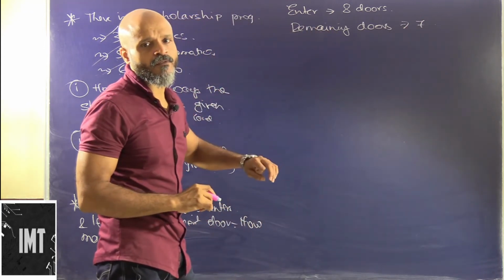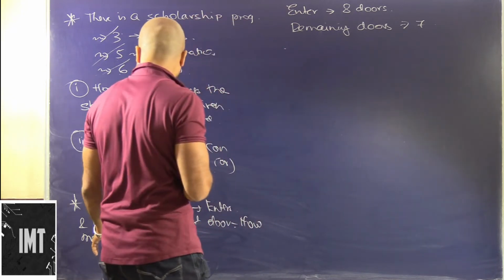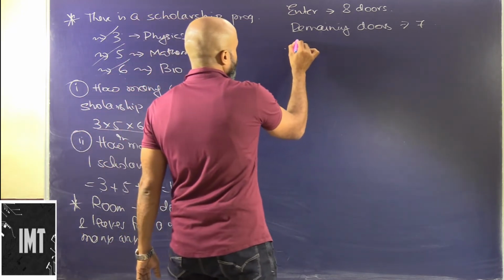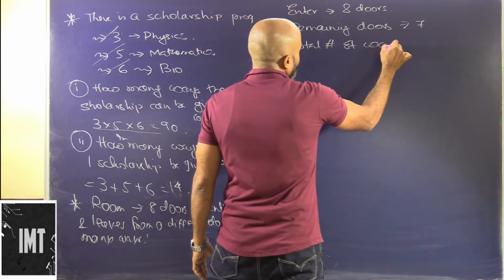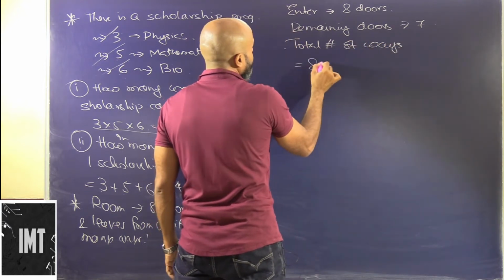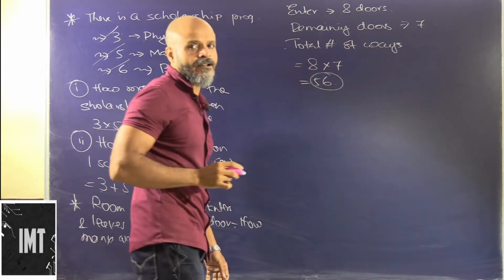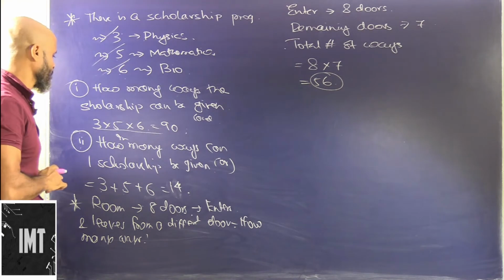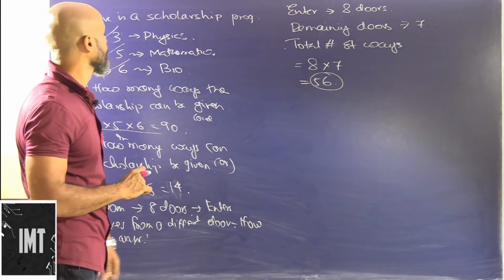He has entered from one of the doors, the remaining doors are 7. So therefore the total number of ways will be 8 into 7, that is 56. His entry and his exit can happen in 56 ways. That's how we will basically solve these types of problems.